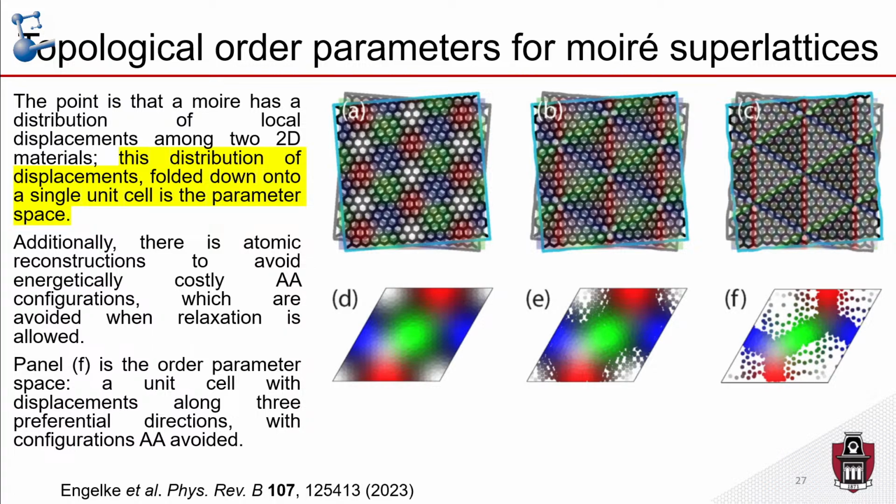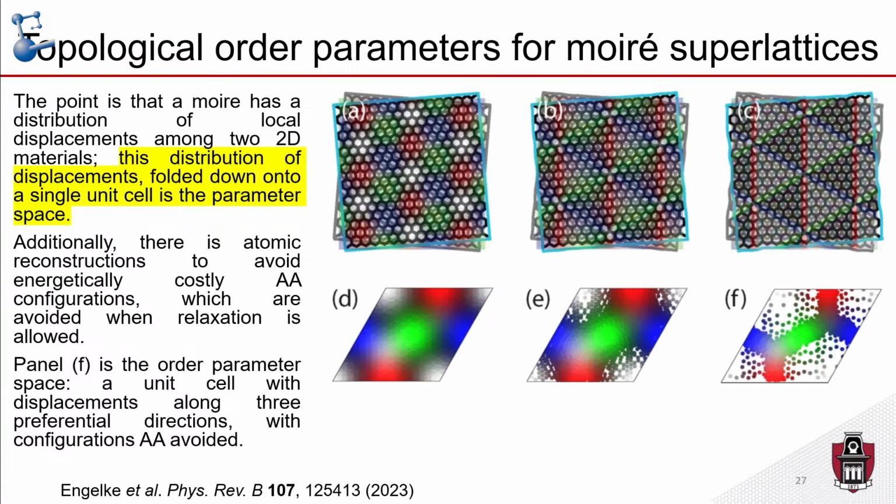And so this slide has 2 pieces of information. The first thing is that if you just put the 2 layers together as a theoretician, then this is the distribution of registries that you get. Because of the energy landscape, the material will actually like to have either an AB or a BA configuration, and this gives rise to these triangular domains on the Moire.